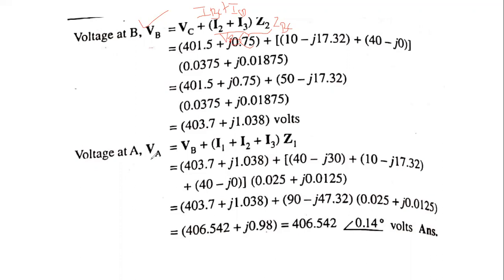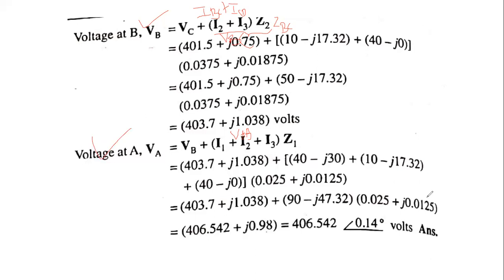Therefore VA is equal to VB plus the voltage across the AB section, that is (IAB plus IBC plus ICD) into ZAB. Then substitute all the values, and we obtain the VA value.